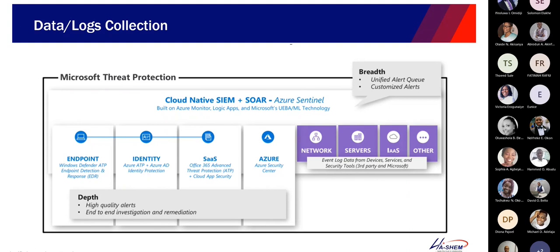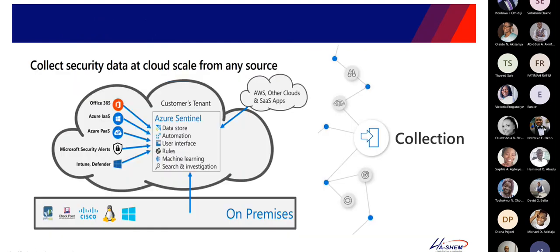So as you can see from the diagram, there are different workloads, whether your network, your servers, your infrastructure as a service, even other workloads. You can collect data or logs using Azure Sentinel. This is just a pictorial diagram of how Azure Sentinel collects data and the type of data that it collects. These are just a few of the data collections.